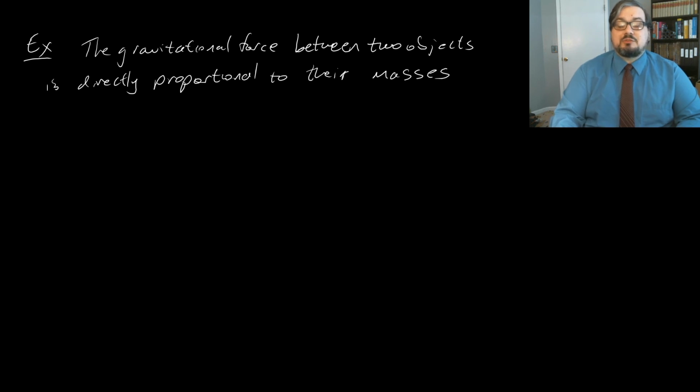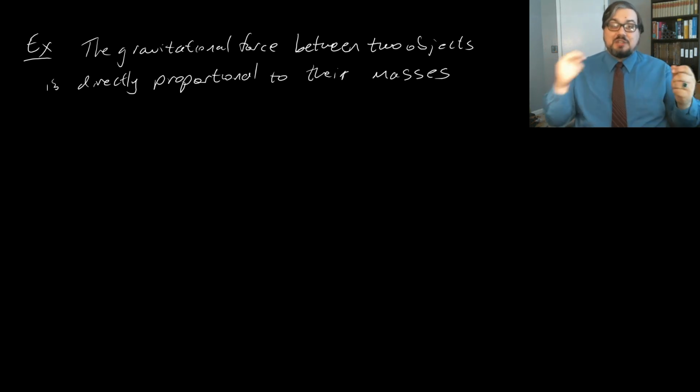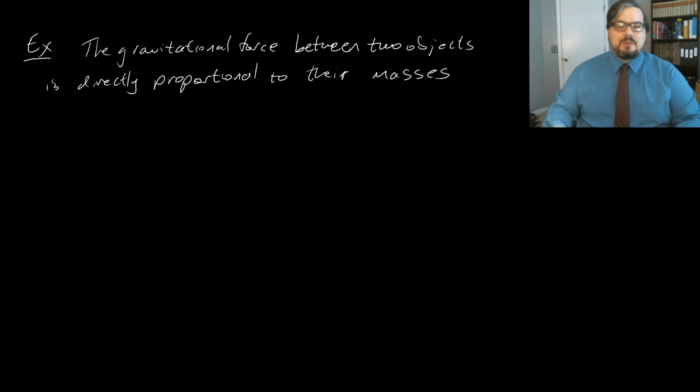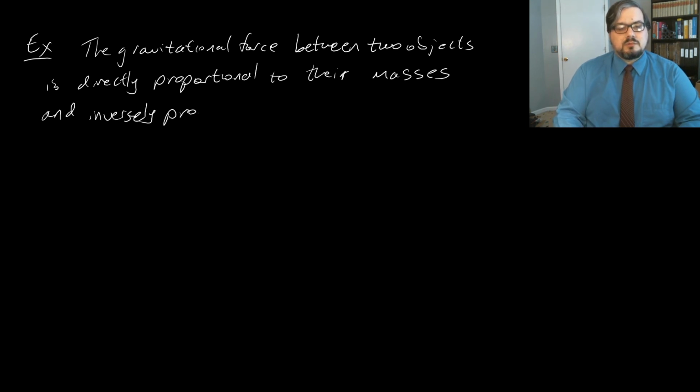So this is going to be treated separately. The mass of each object is going to be a separate factor in the equation. It's directly proportional to their masses and inversely proportional to the square of the distance between their centers.